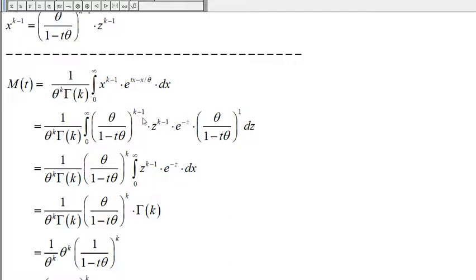K minus 1 plus 1 is just k. And this expression here, there's no z, so we can move it and place it in front of the integral. So what's left is z to the k minus 1 times e to the negative z dz.